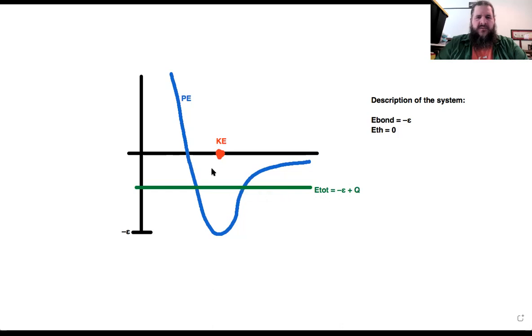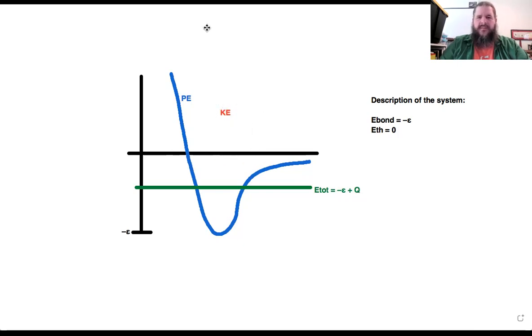In that case, what is that going to change for the kinetic energy graph? Yeah, the kinetic energy is going to increase. In fact, we're basically taking that graph and raising it by plus Q. So let's draw our new kinetic energy graph.